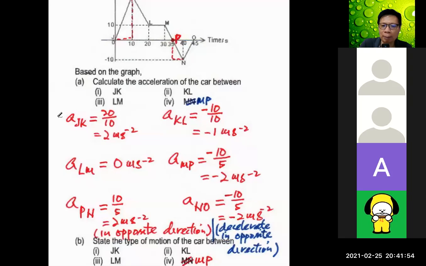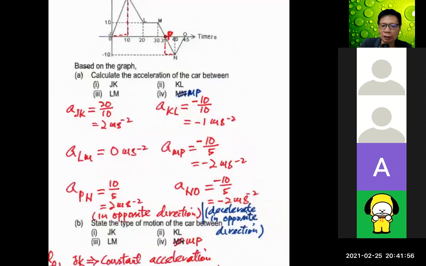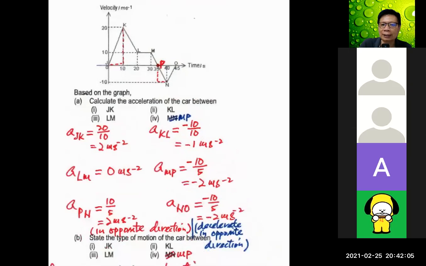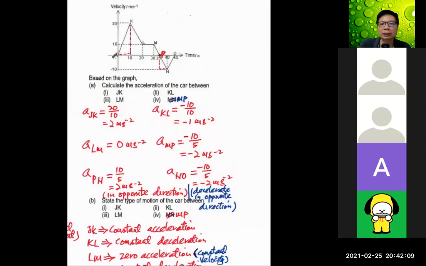So what is your comment now? JK, what motion? Constant acceleration. Here there is acceleration, but it's constant because it's a straight line. Here is deceleration, constant deceleration.